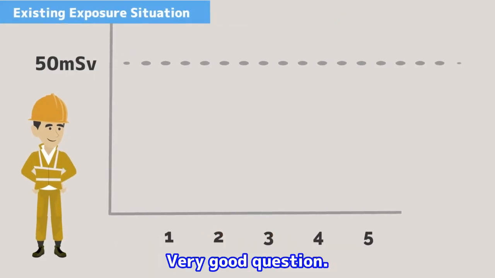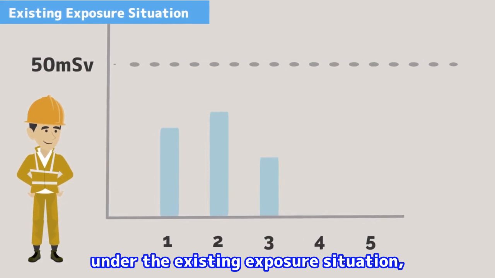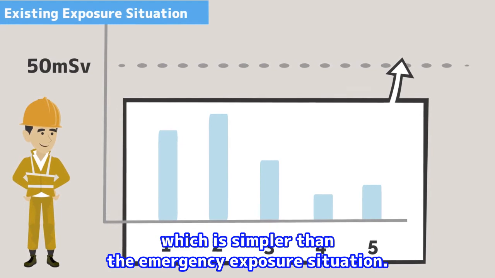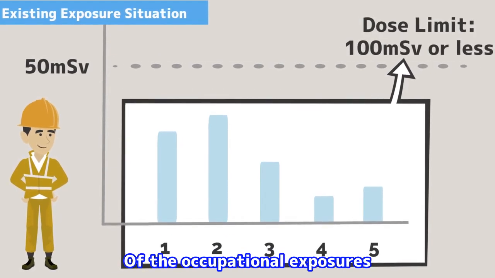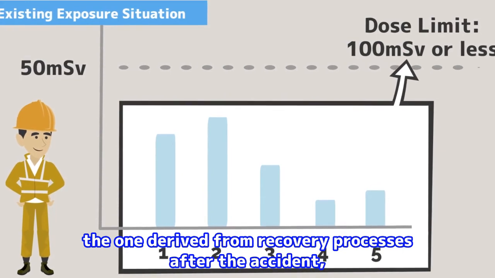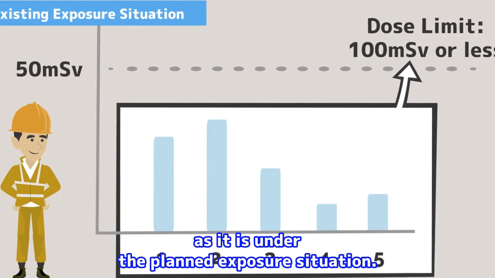Very good question. Let me first explain the reference level under the existing exposure situation, which is simpler than the emergency exposure situation. Of the occupational exposures under the existing exposure situation, for the one derived from recovery processes after the accident, the dose limit is applied, as it is under the planned exposure situation.